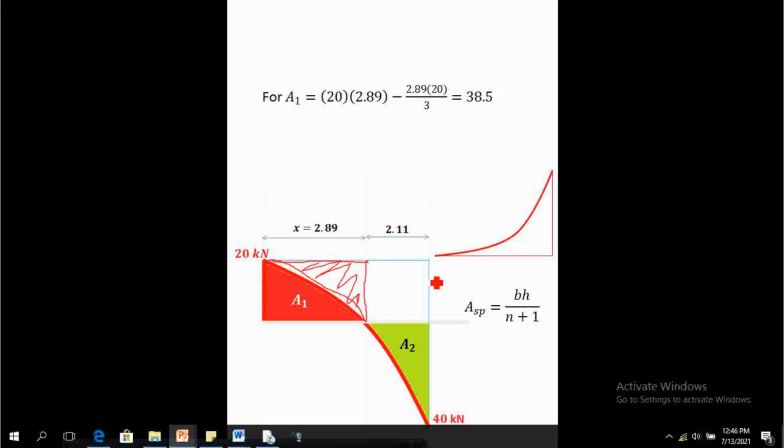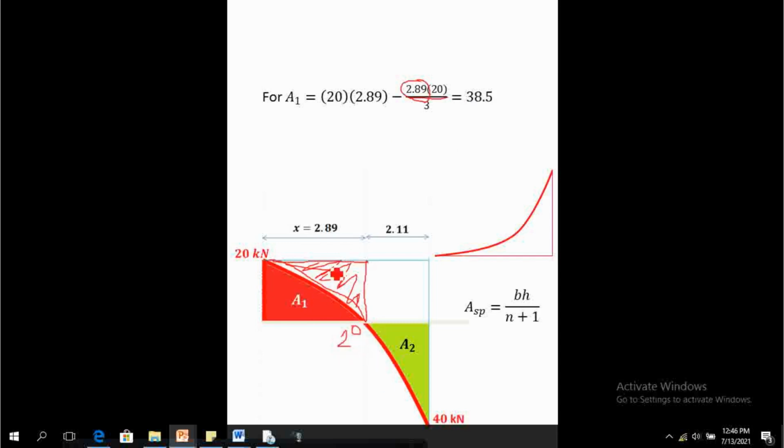And the area of a spandrel is base times height. My base is 2.89. The height of this spandrel is 20. Divide it by n plus 1. Bakit 3? Ang n natin dito is 2 degrees.